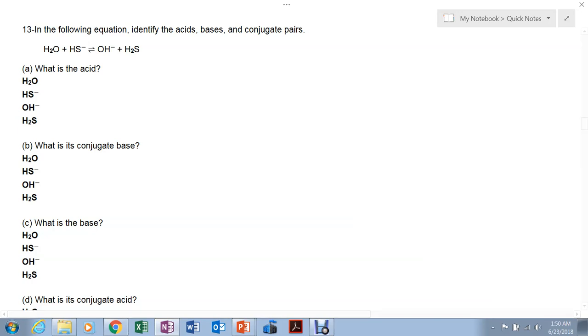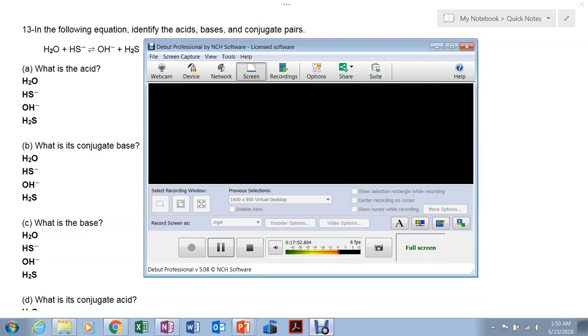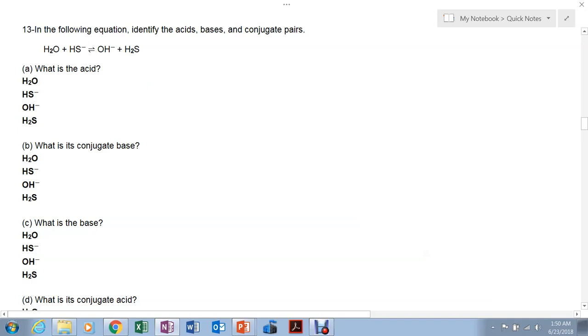Okay. This is the conjugate acid base pair. I'm going to explain it. Number 13 says, what's the acid here? Water. Do you see water lost the hydrogen and gave it to the HS negative? HS negative is the base here because it accepts the hydrogen.